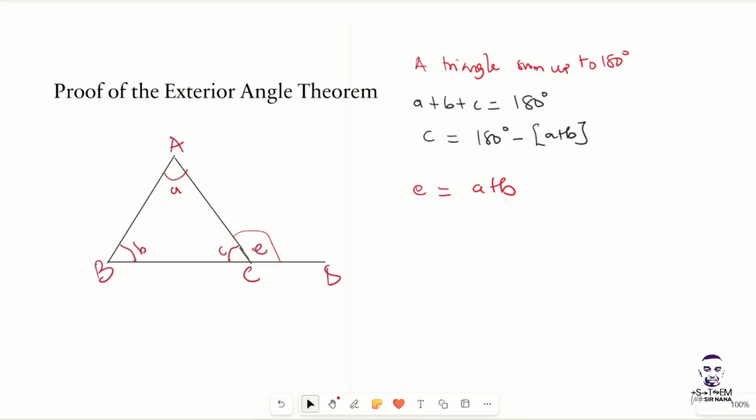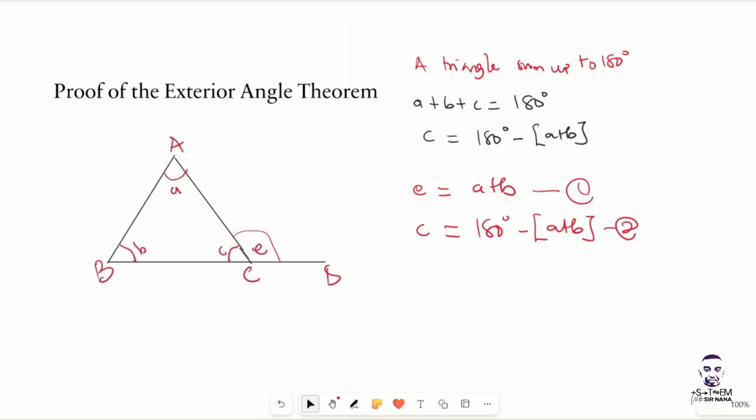So we've established that. Now, let's call E equals A plus B equation 1. Now, let's say C equals 180 degrees minus (A plus B) is equation 2. Because we know E to be equal to A plus B, we can do a substitution.